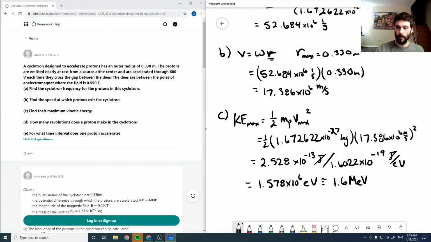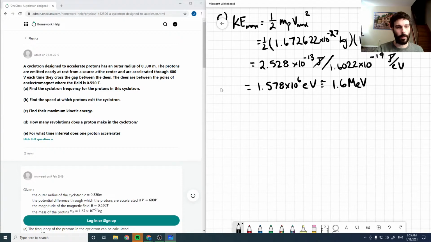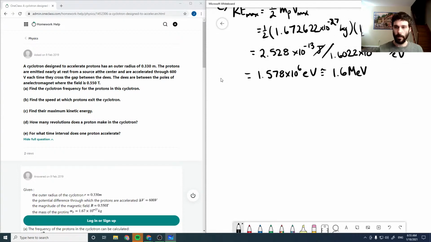And as you go on with your physics learning, you'll start to figure out kind of ranges of things. And I think a cyclotron, which gives you an energy of about in the mega eV range, sounds about right. So that looks like we're doing things correctly. A lot of times that's a good way to check that you're not making any mistakes.